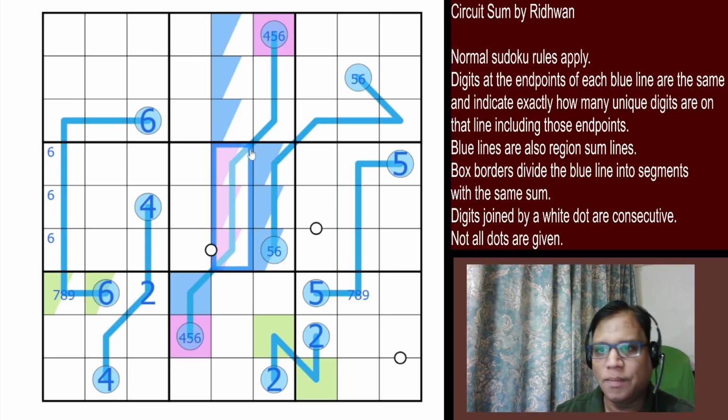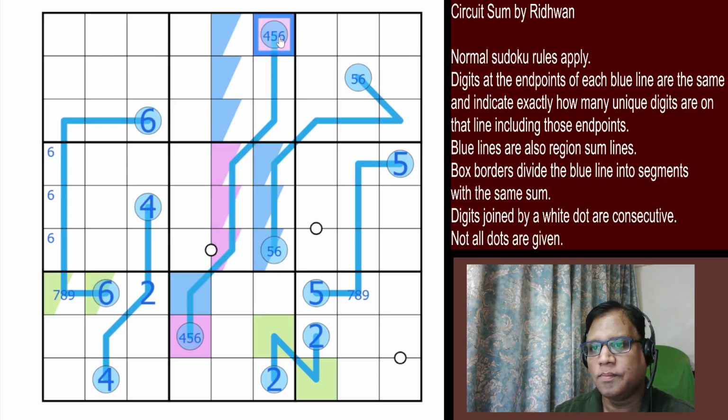And what does 5 mean? So this digit is here, and the sum of these must be this.